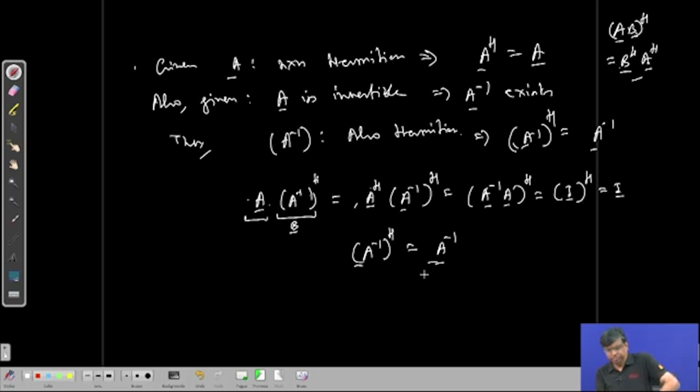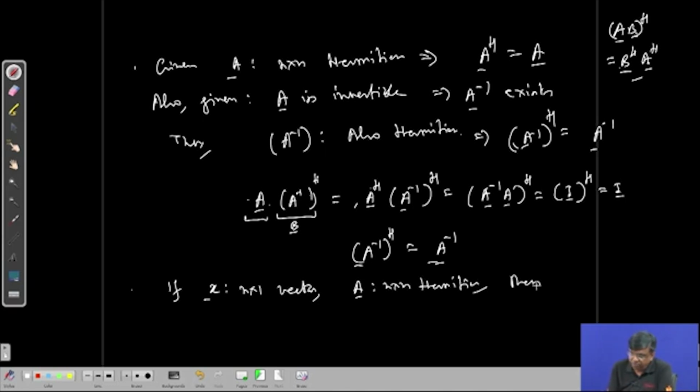All right. Okay. Another thing: if x is an n cross 1 vector, maybe complex, and A is n cross n Hermitian, then take this quantity x^H A x. x is a column vector, A is a matrix, A times x is a column vector, and x^H is a row vector because x was a column.